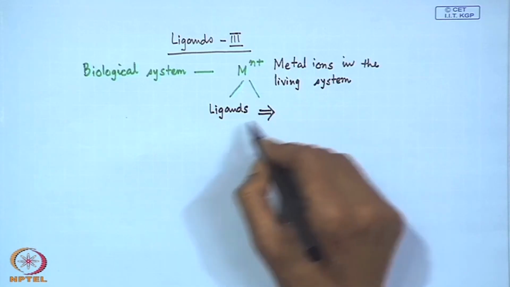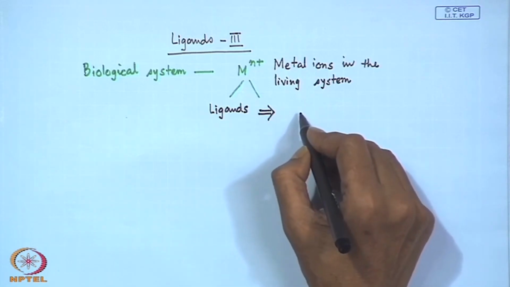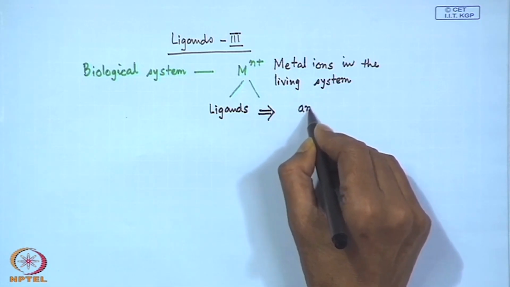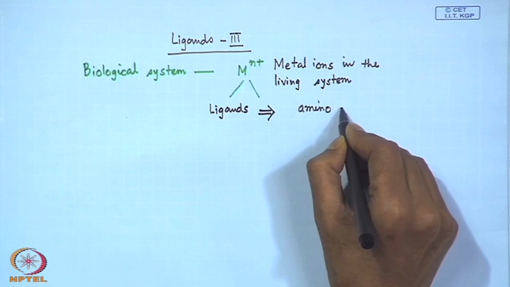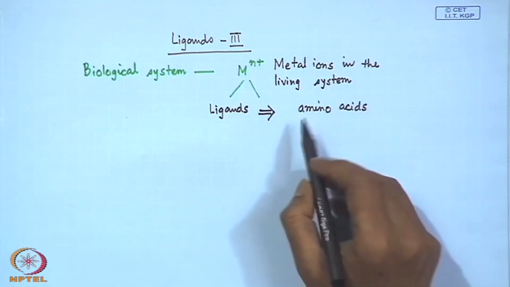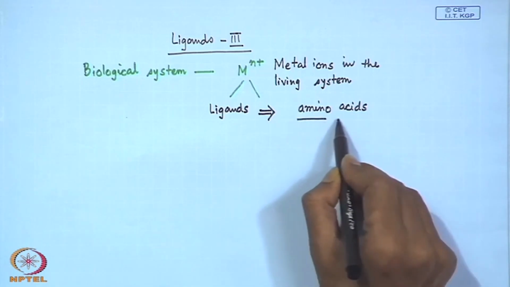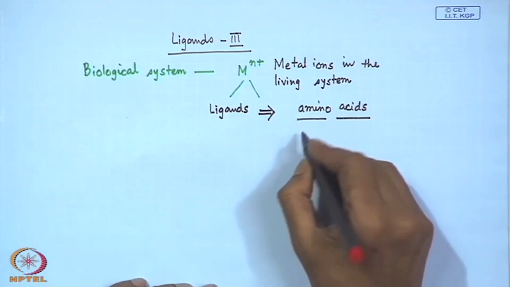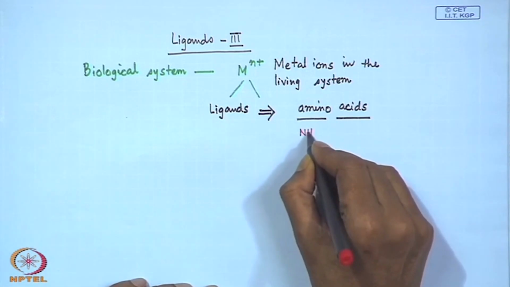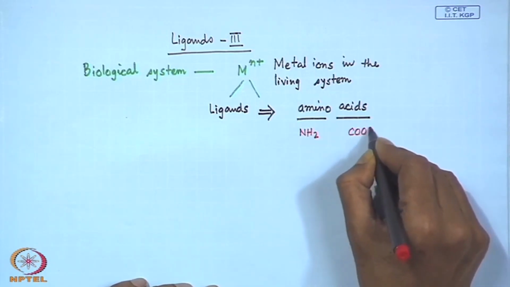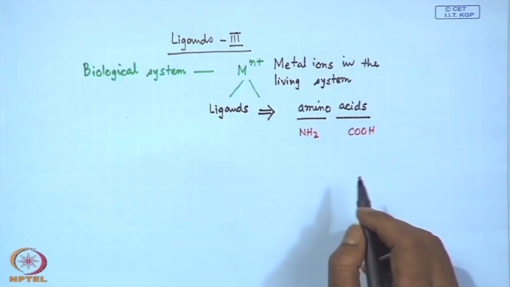And most important class of ligands we will all the time be talking about is the corresponding amino acids. And all the amino acids, as the name stands, have all the time the corresponding amino function and the carboxy function.